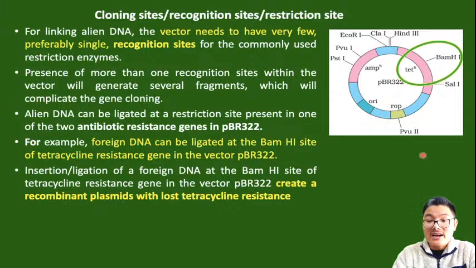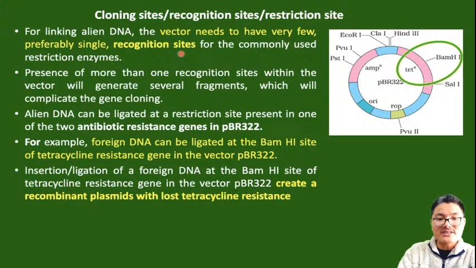Regarding EcoRI, it has only one recognition site or cutting site at this position, and there is no other recognition site. Moreover, BamHI can cut only at this position in the tetracycline resistance gene of pBR322, and hence we can say that a good vector should have a single recognition site. That is the important part here.